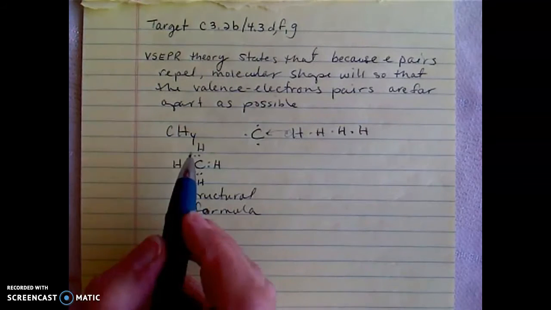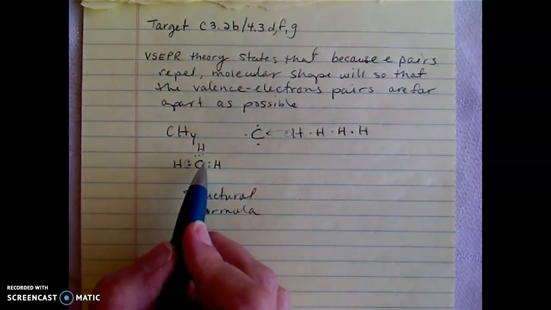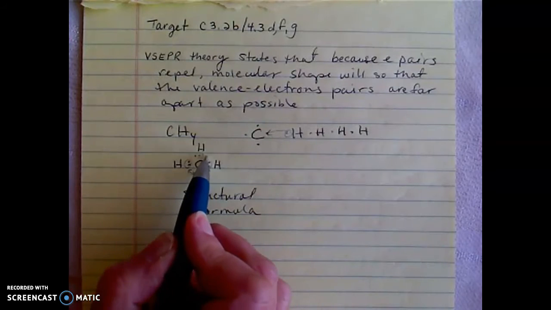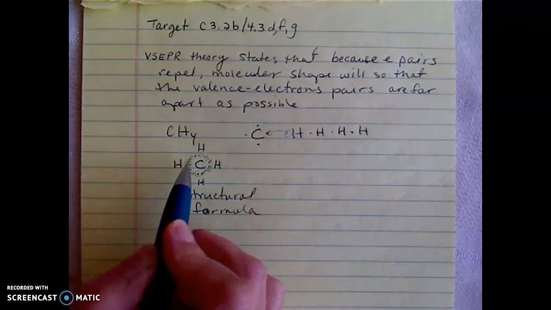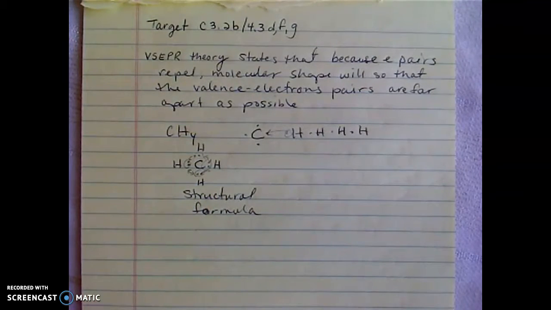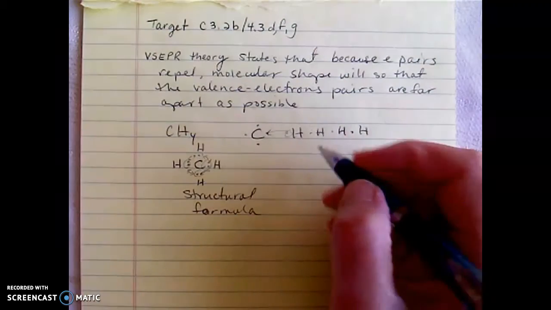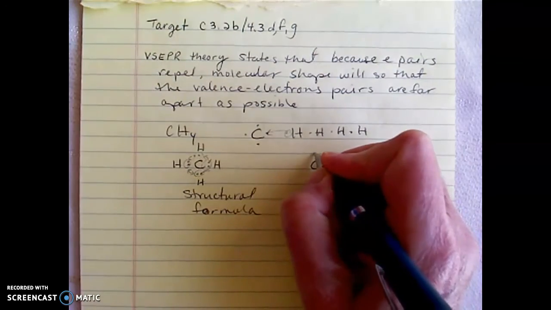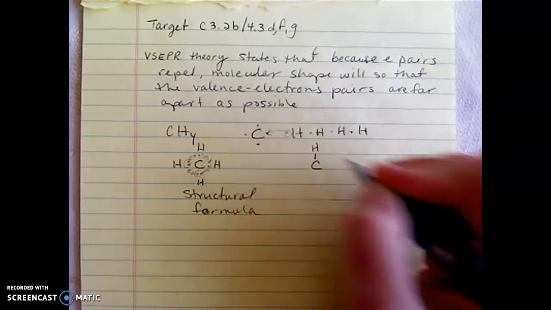Okay, so in the structure, all of these electron pairs right here are going to repel from one another. And drawing it this way shows that their angles are all 90 degrees from each other, all in one plane. Well, that's not going to happen. That's not as far apart as they can possibly get. So you have to picture a three-dimensional picture, and what's going to happen is you're going to have C in the middle. You'll have one H coming straight up.